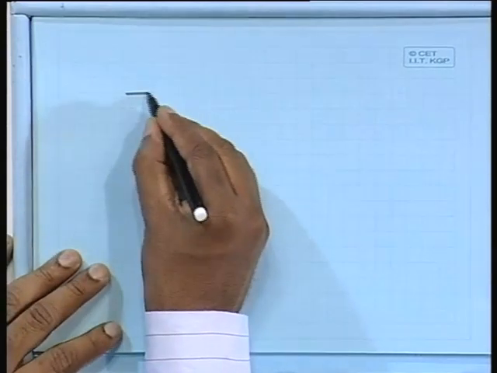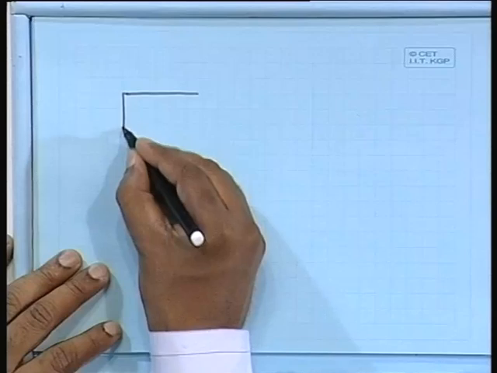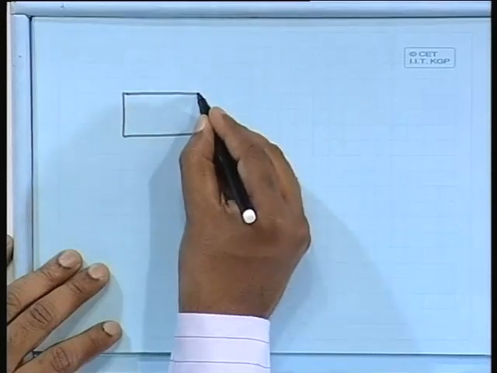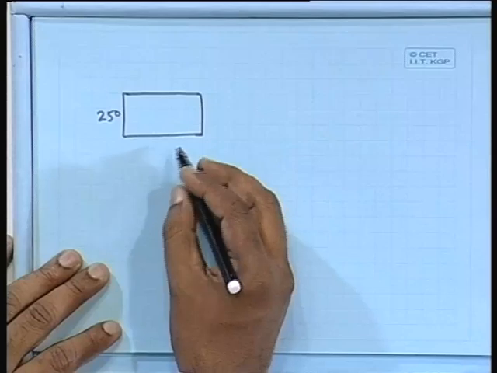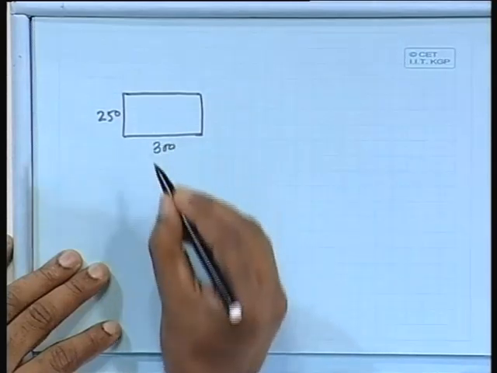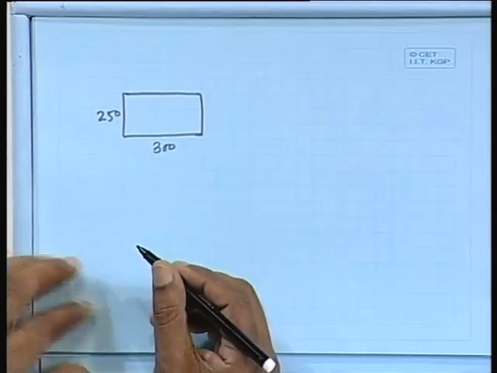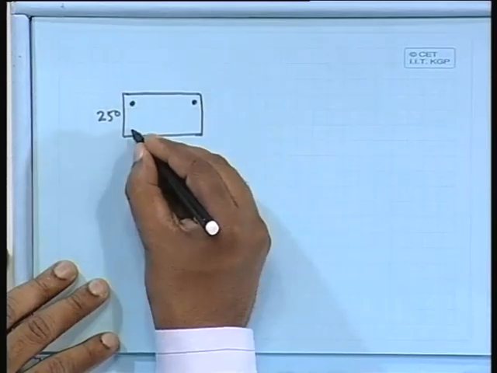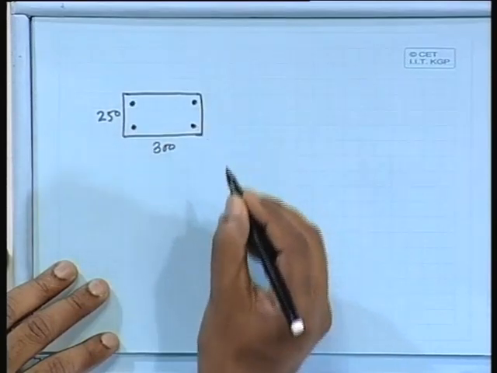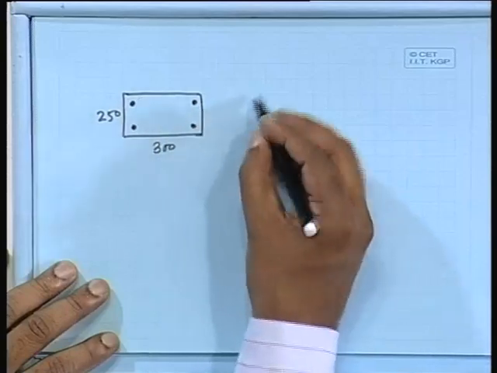So the design of column is very simple in that case. So what we have to do, let us take one section, say 250 by 300. Let us take a section 250 by 300, and I am giving here 4 number of 12 mm dia bars.